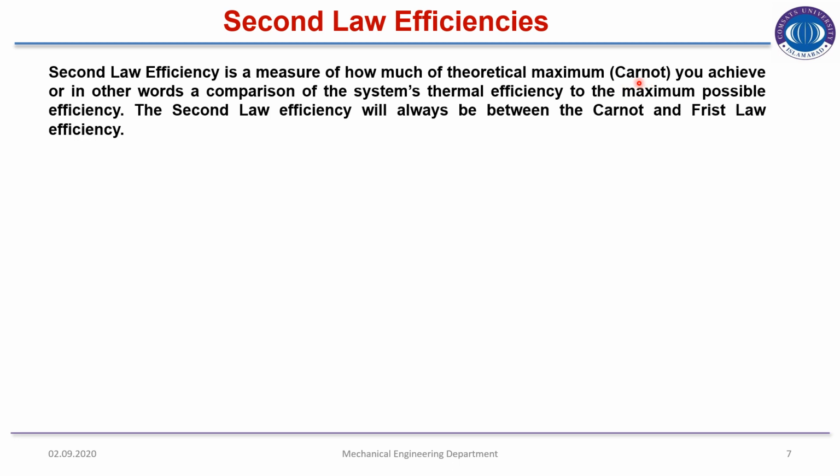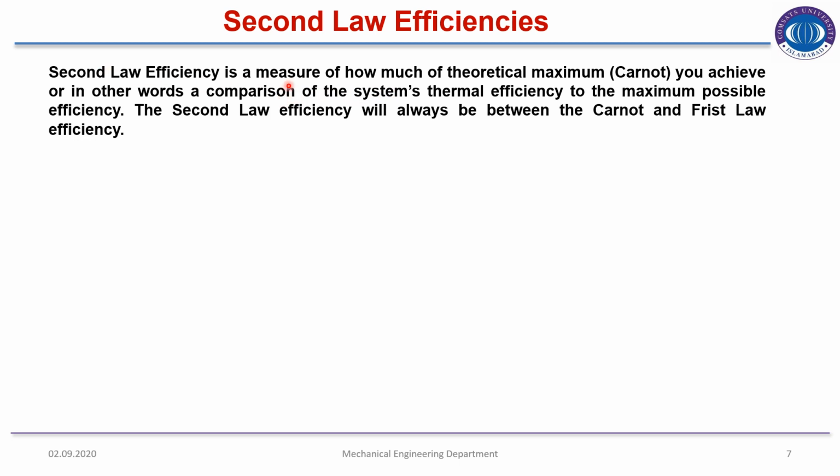So the value of the Carnot cycle efficiency, or thermal efficiency of the Carnot heat engine, is maximum. For a practical heat engine the value of efficiency will always be less than the Carnot heat engine efficiency.